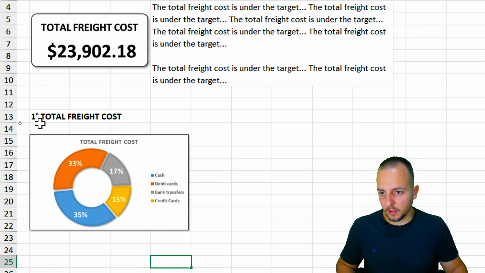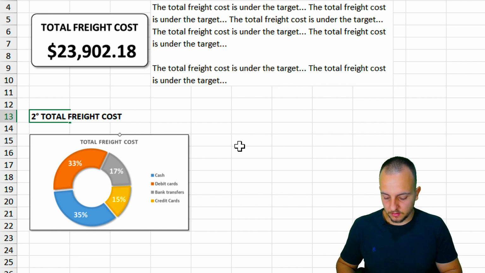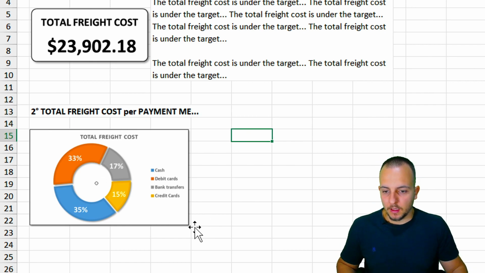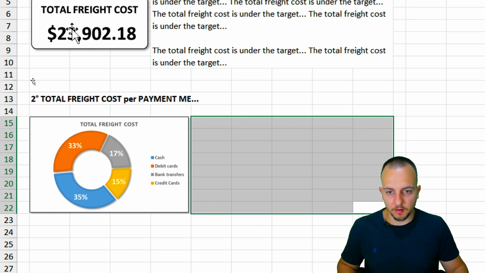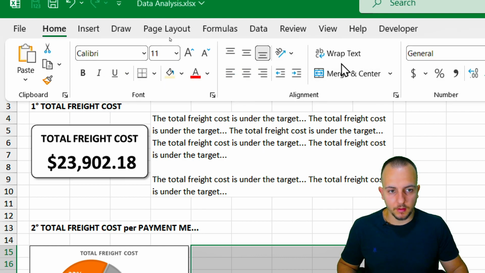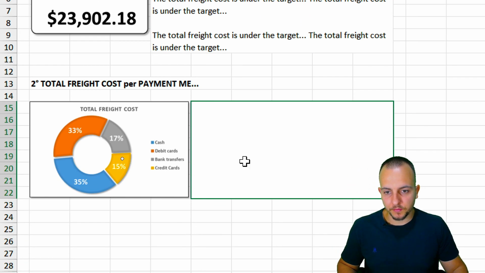Okay. And here we're going to have the second title, that is total freight cost per payment method. And to make sure we have an area where we can type in the conclusion, let me select this area right here. Home tab, merge and center, align in the middle and bring the text to the left, and also wrap text.